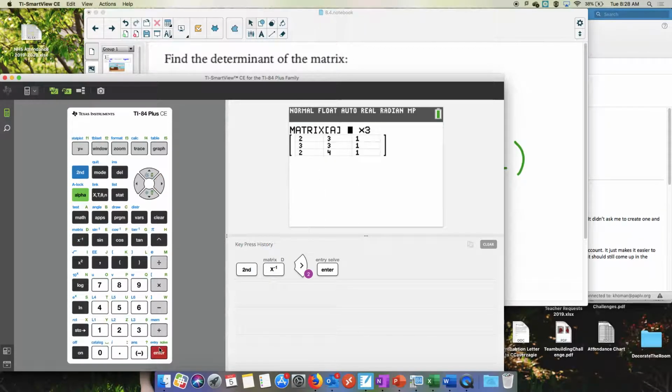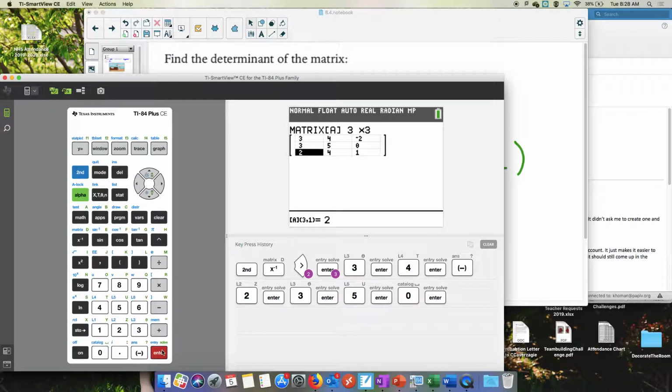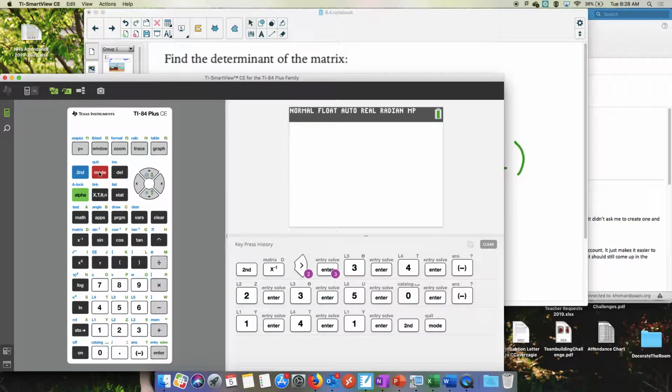Will we make that a 3 by 3 or 3 by 5? 3 by 3, because it is a square matrix. Edit matrix A to be that 3 by 3 matrix we just talked about.